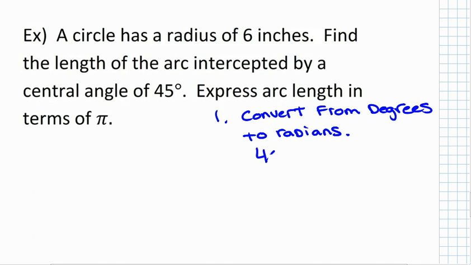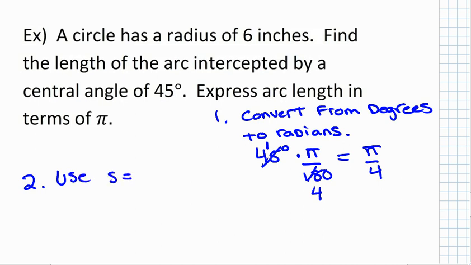So 45 degrees times pi over 180 is equal to, well, 45 goes into 180 4 times, so it's equal to pi over 4.